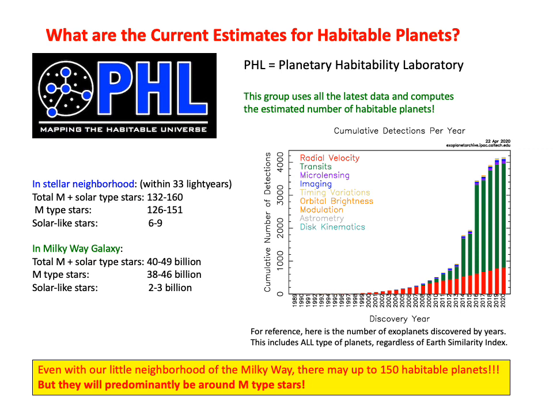Now I have a diagram on the right here, cumulative detections per year, and basically since the first detection in 1995, you can see the numbers of planets as a function of year that we have a cumulative number of planets that we've found around other stars. And as I've been saying, it's presently around 4,000. This diagram lists the various methods that we have used to detect extrasolar planets.